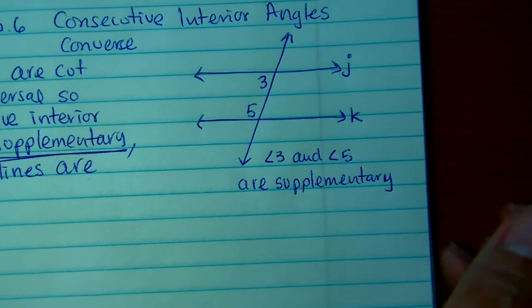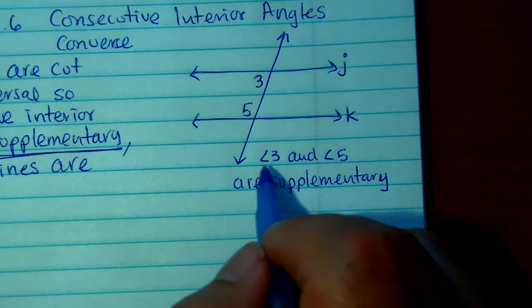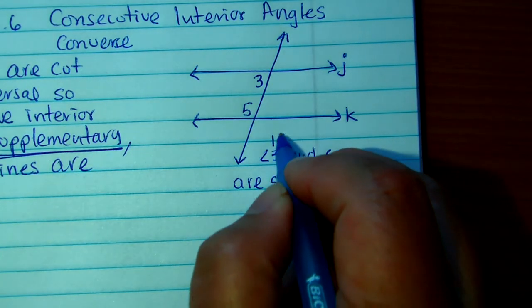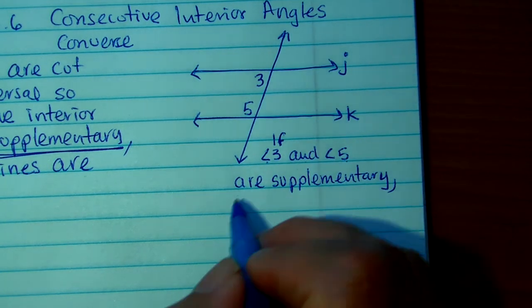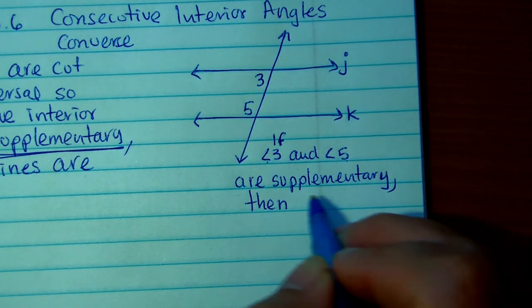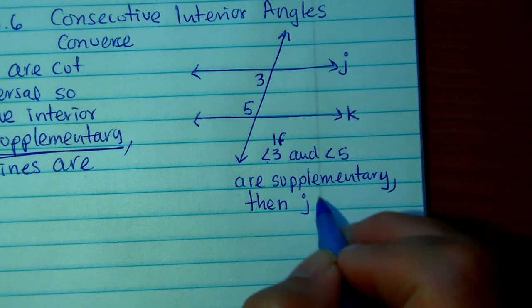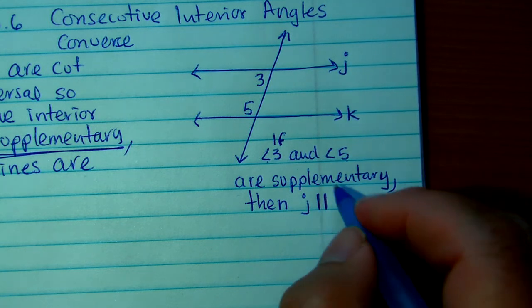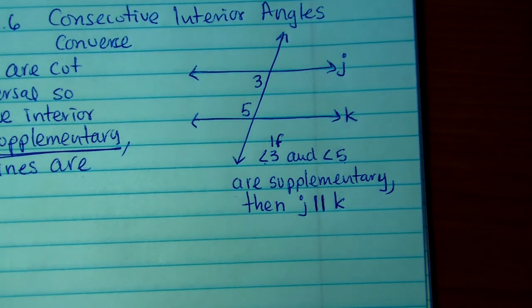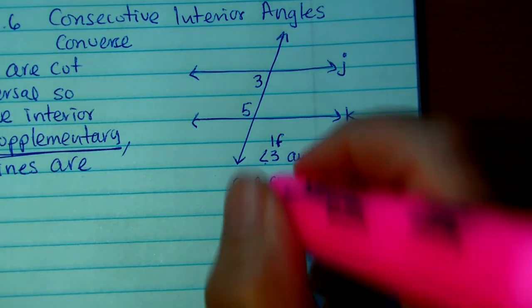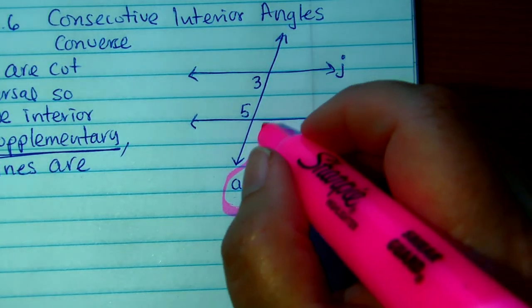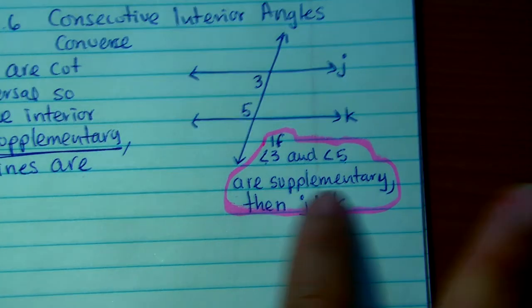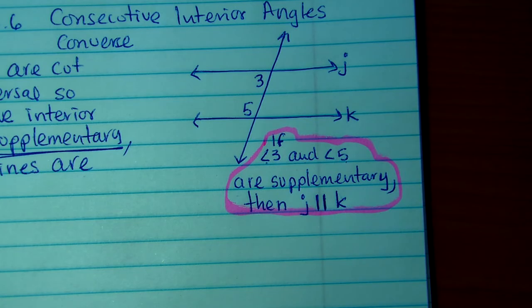And actually we need to complete this as a conditional statement, so it's going to say if angle 3 and angle 5 are supplementary, then line J is parallel to line K. So this is the synthesized theorem 3.6. Okay.